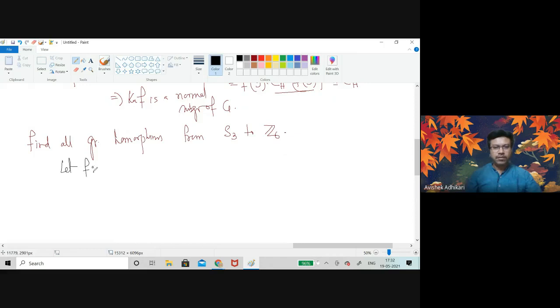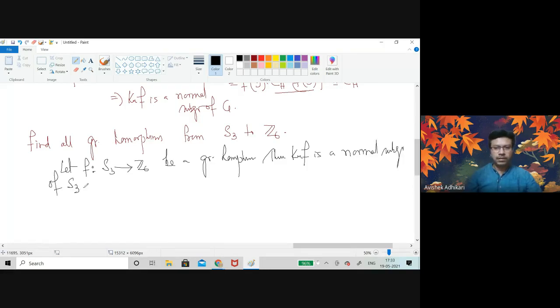Let f from S3 to Z6 be a group homomorphism. Then the kernel of f is a normal subgroup of S3. Now, if you know how many normal subgroups there are, then what would be your conclusion?